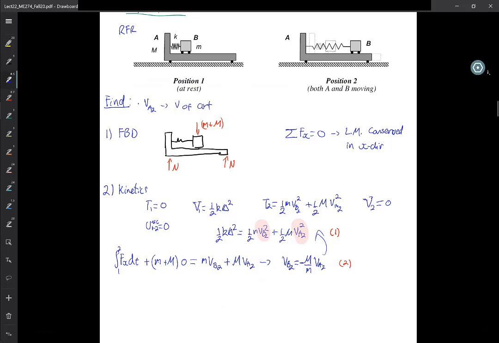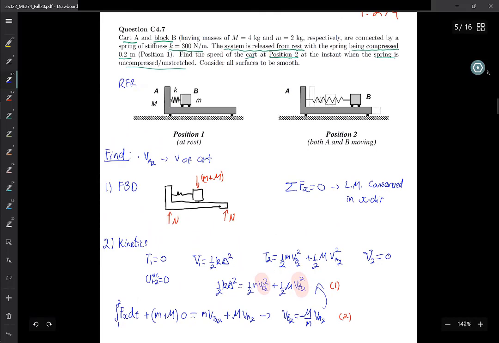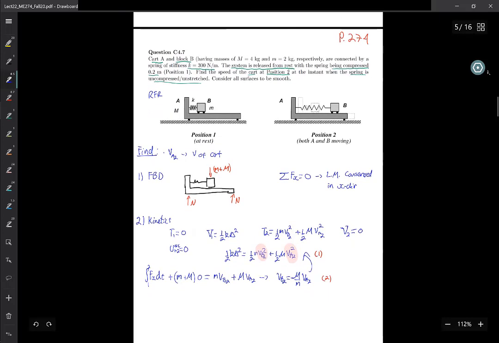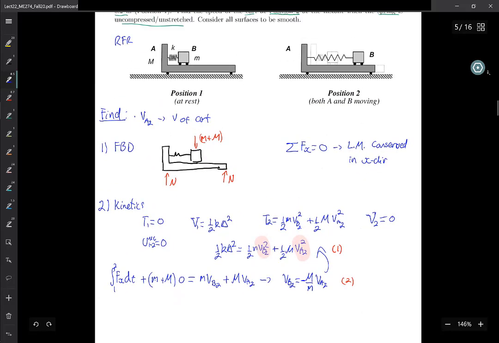Now, in here, there are a few things that we need to recognize. Because I'm teaching linear momentum, I think everybody can say, okay, we need to use linear impulse momentum. But how can we recognize that we don't need to look for some complex kinematics in our problem to find our second equation, and that we have to go for linear impulse momentum?